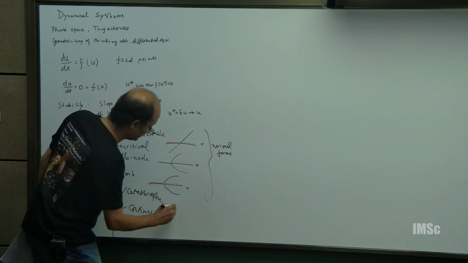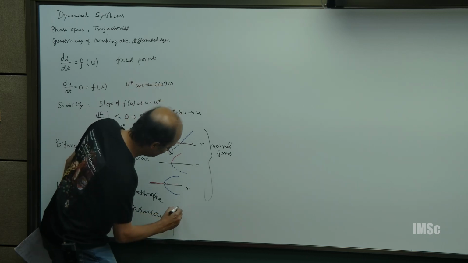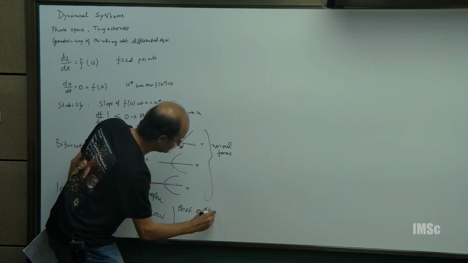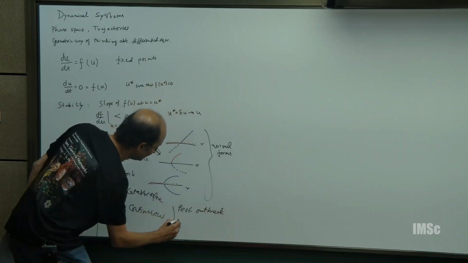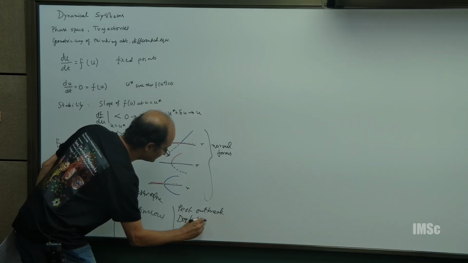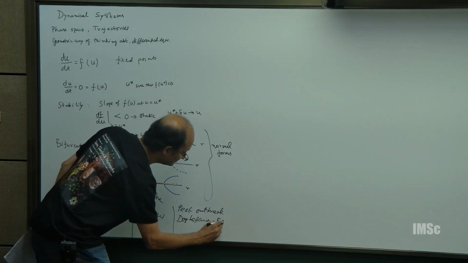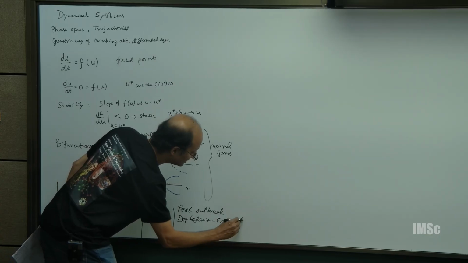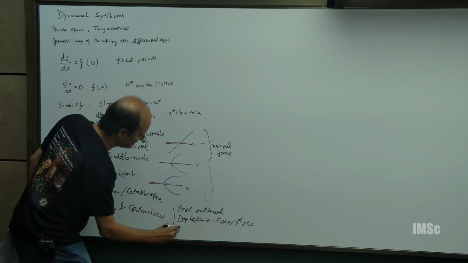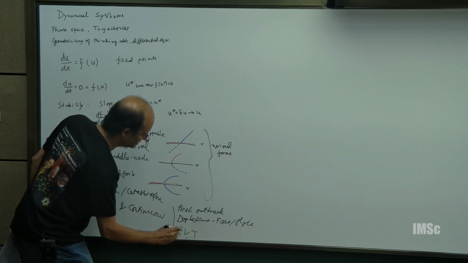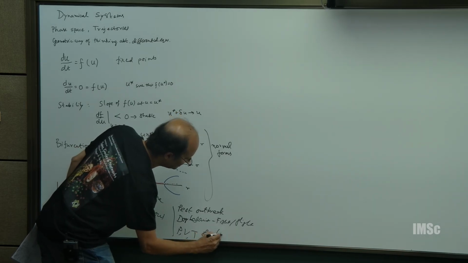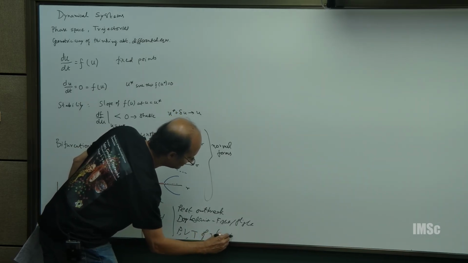And so we saw examples of pest outbreak, then dog behavior, fight or flight. And we saw that this is also related to the pressure, volume, temperature diagram of a liquid vapor system.